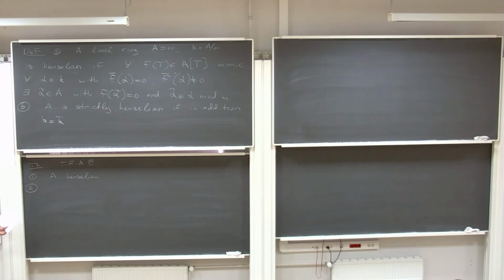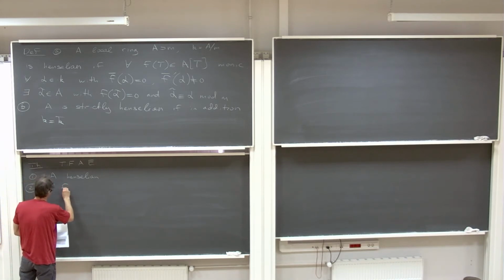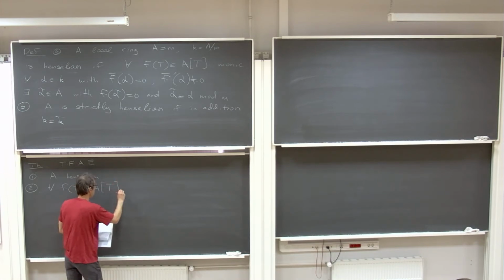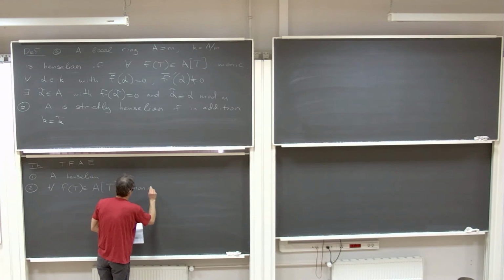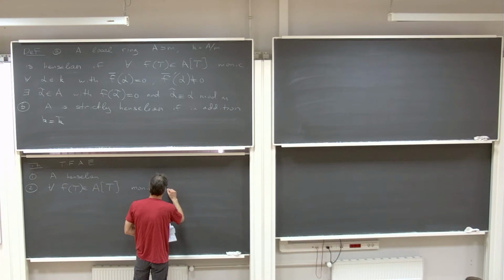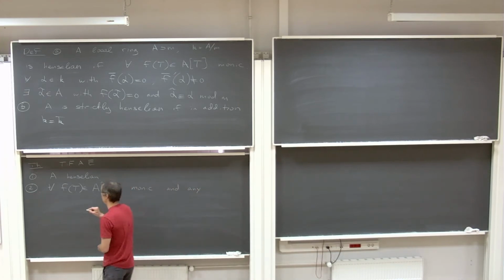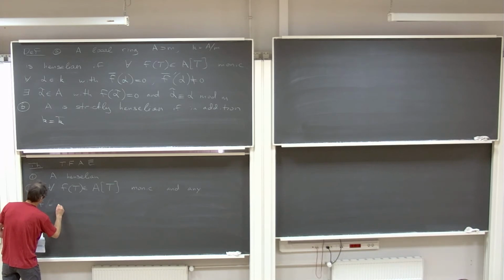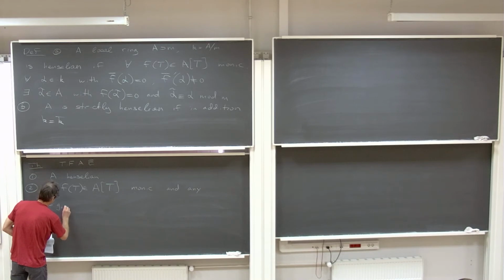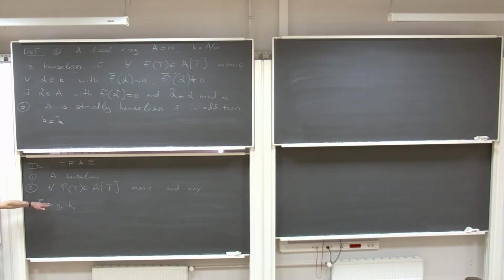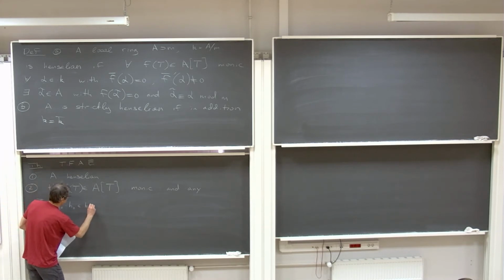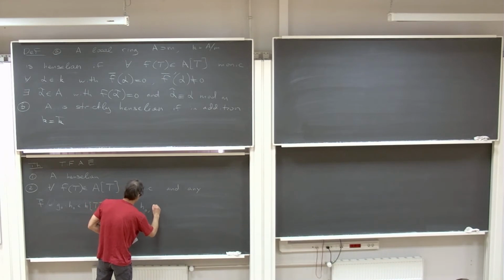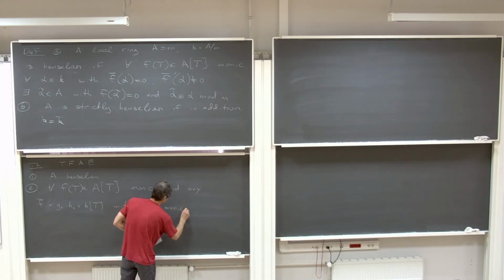Two is what Stepan mentioned. So for every monic polynomial f in A of T, and any factorization f bar of T as G0 times H0, this factorization takes place in K of T with H0 and G0 monic and relatively prime.